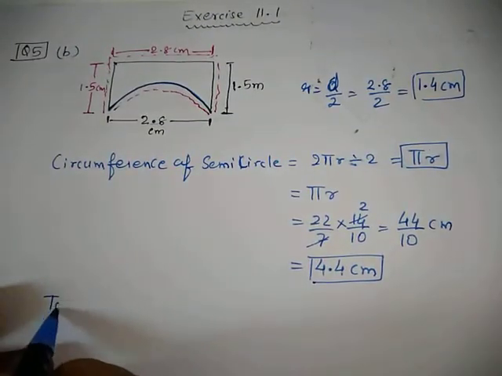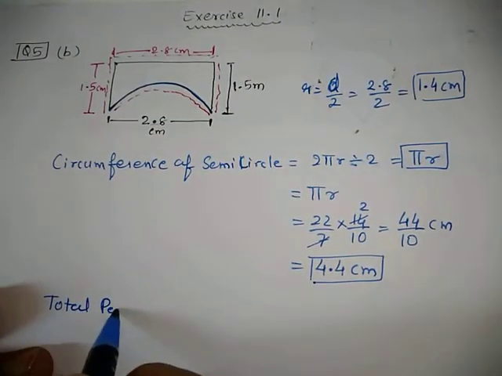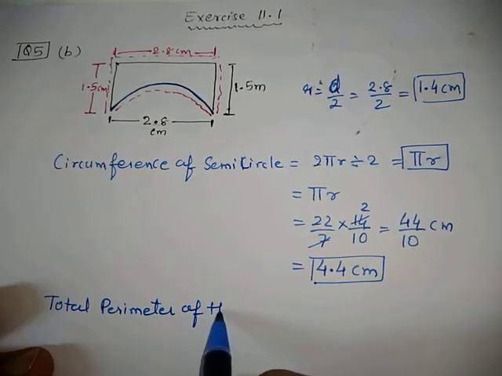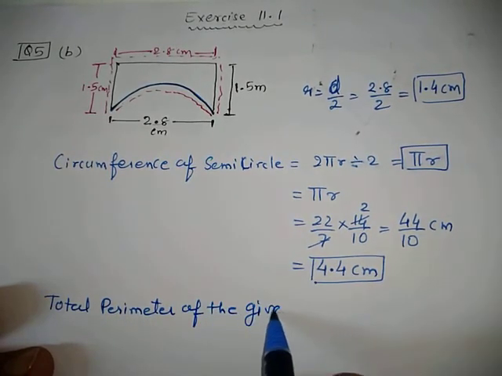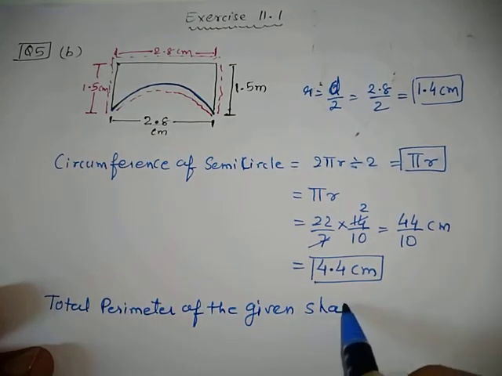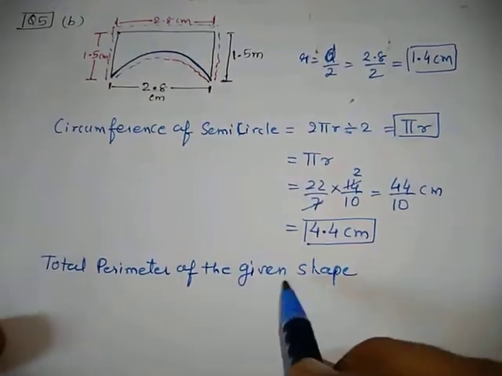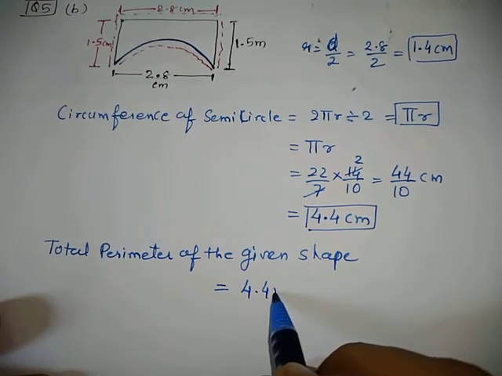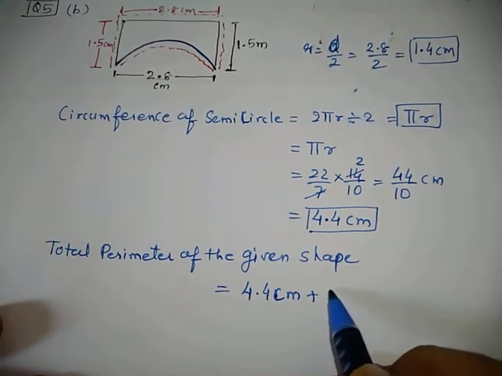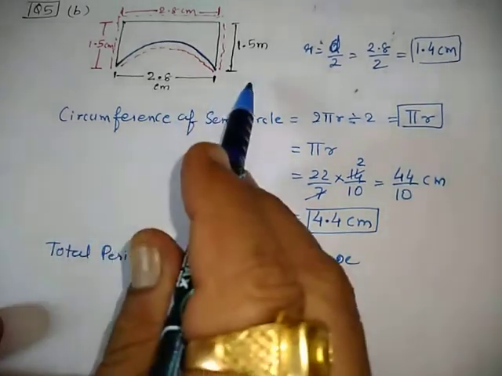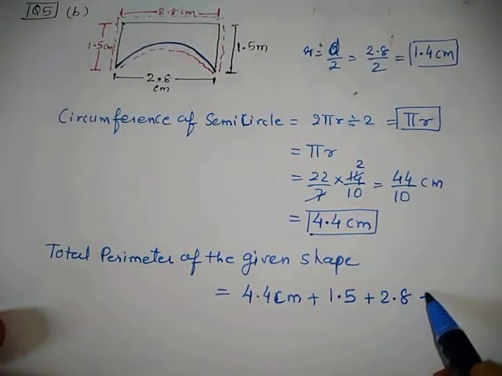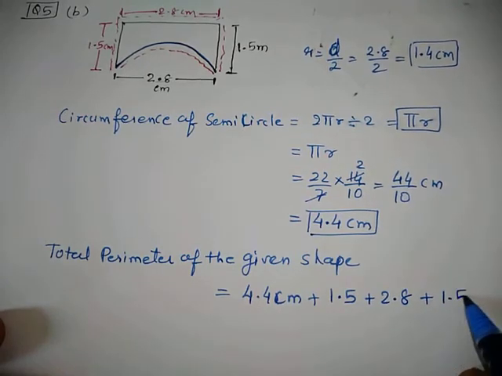So the total perimeter of the given shape is equal to 4.4 centimeter plus 1.5 plus 2.8 plus 1.5.